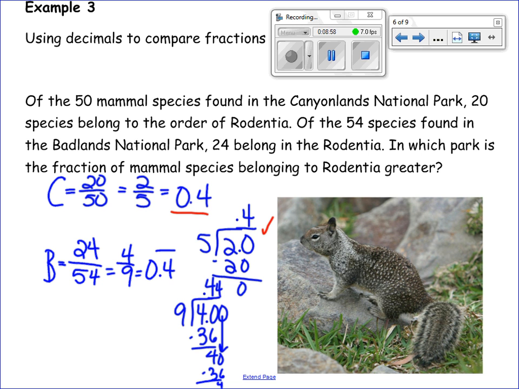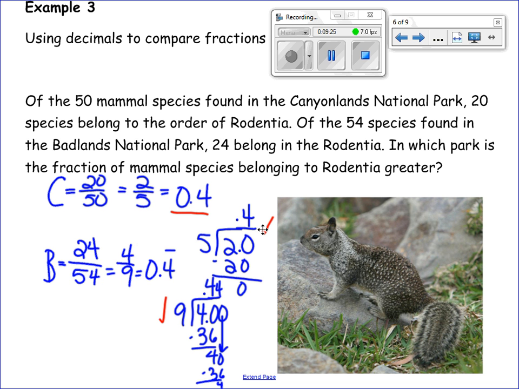Then I took the Badlands National Park ratio, 24 out of 54 were the Rodentia. I simplified that to 4/9. Then I divided 4 by 9. Notice that the 4 is repeating, so I put the bar notation over only the 4. You need to be really careful.